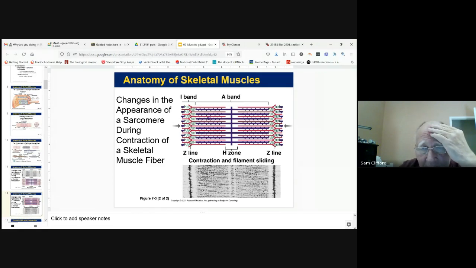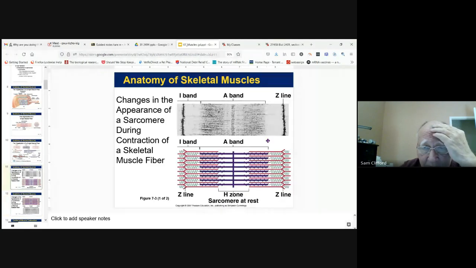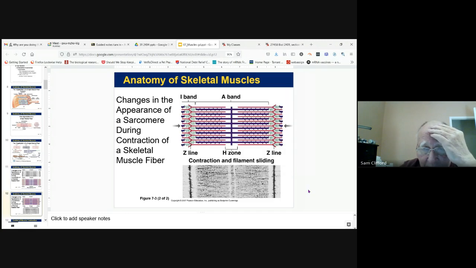You can see that somehow the actin has been pulled into the middle of the sarcomere. You can see that the I bands are much shorter, and if every sarcomere in the muscle shortens, the muscle is going to contract. So look at the difference, the length of the sarcomere, the size of the H zone, the size of the I band, and then you have contracted muscle.